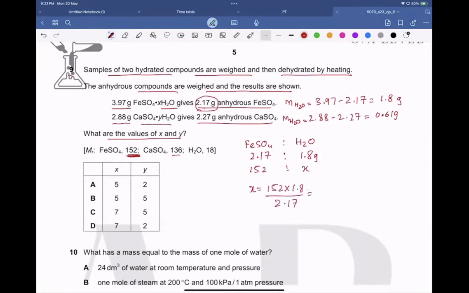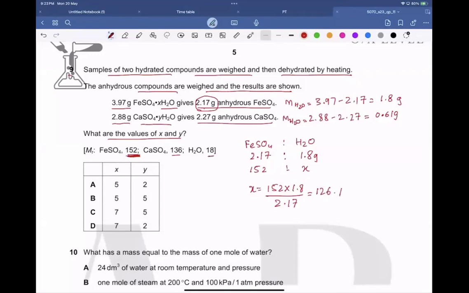Yes, can anyone tell me the value, please? Okay, you are getting 126.1. I am rounding off. So this is the mass of water.